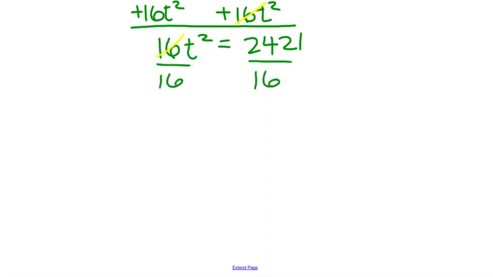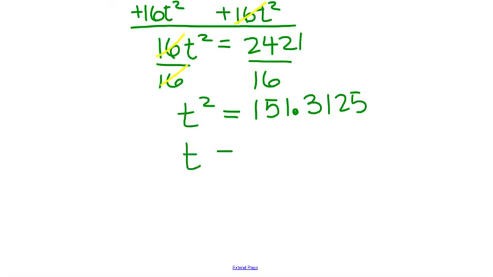The 16s will cancel out on the left. Then 2,421 divided by 16 is 151.3125.